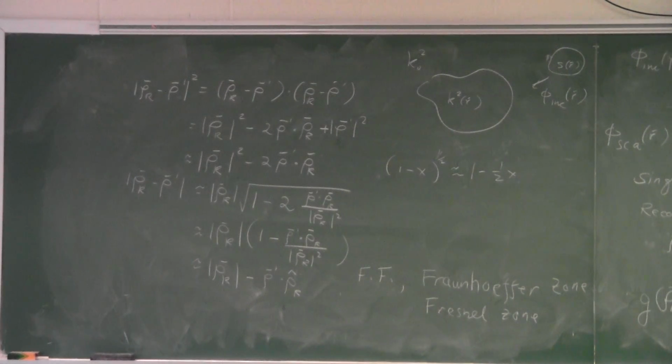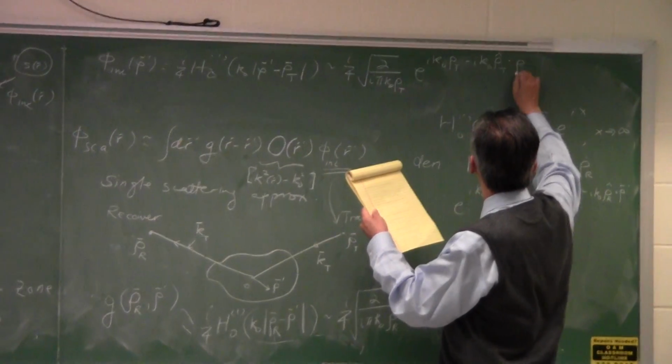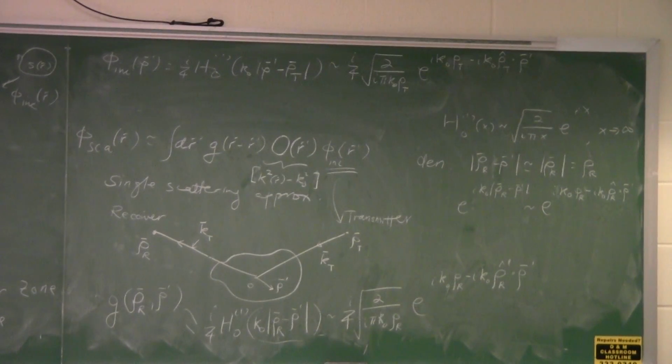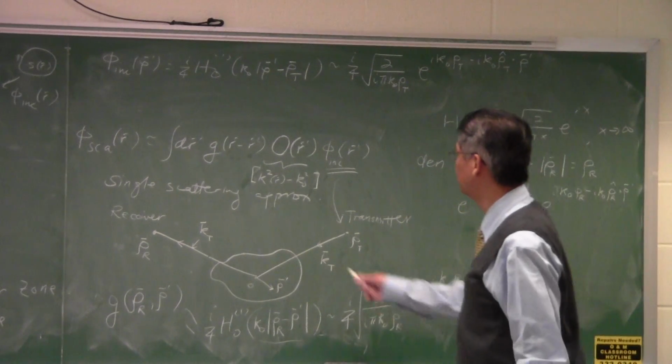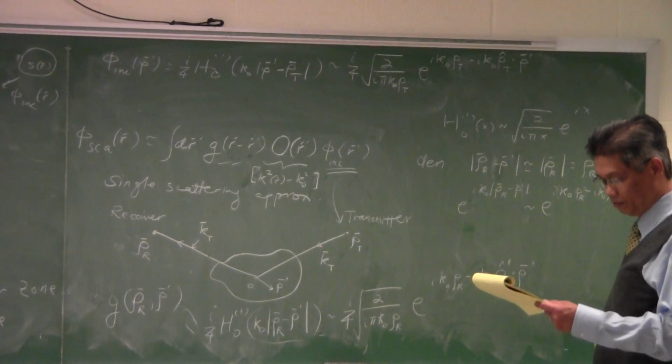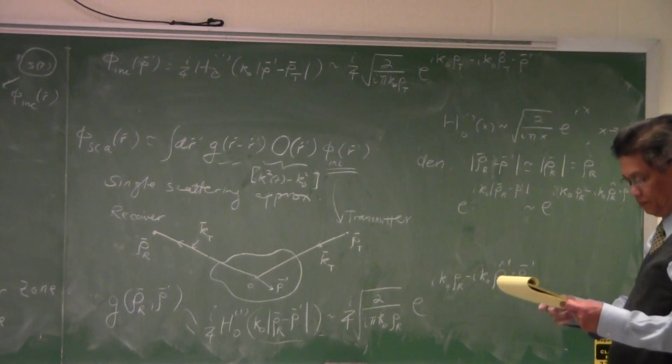And then with the proper approximation in the exponent so that it becomes a valid far field approximation. Okay, I can also do that. Now if I plug in the Green's function and the incident field with that approximation, my phi scattered will look something quite nice.